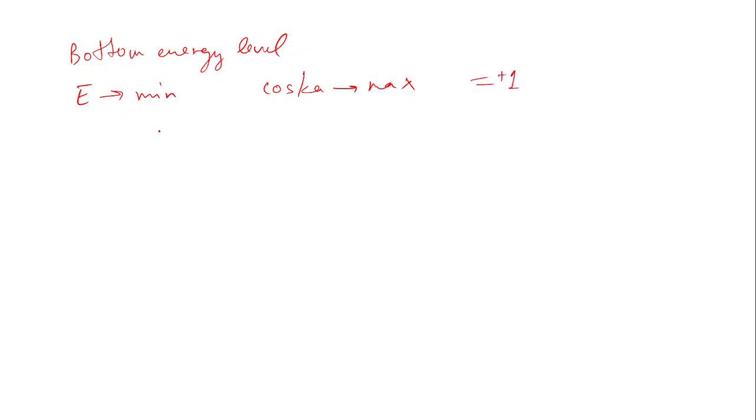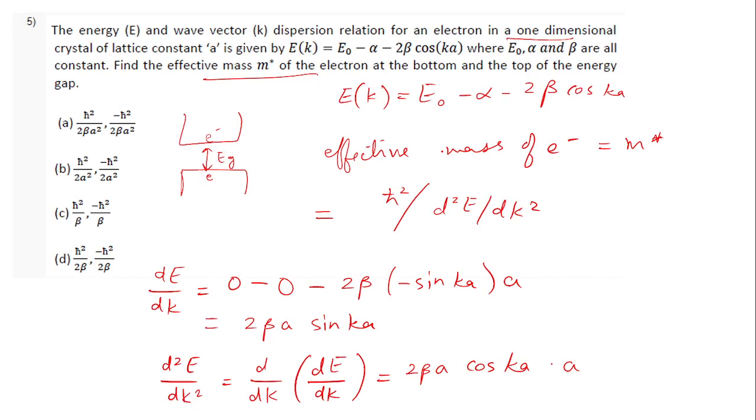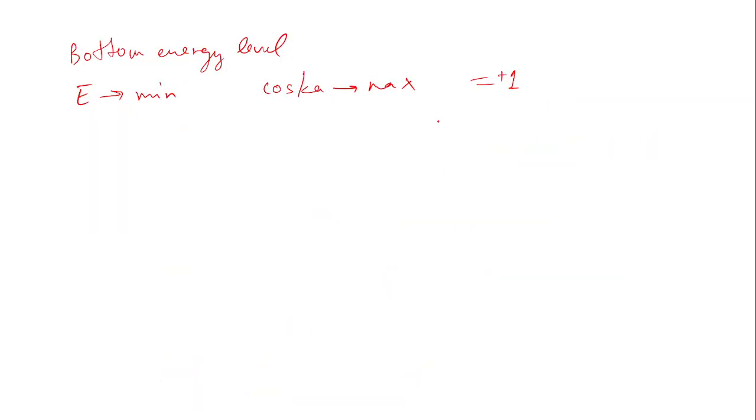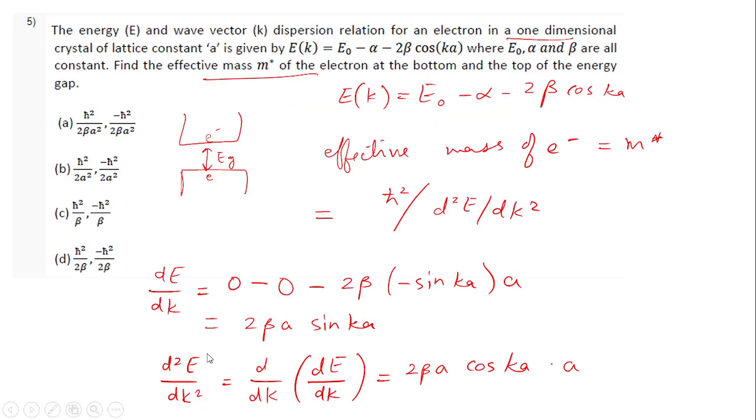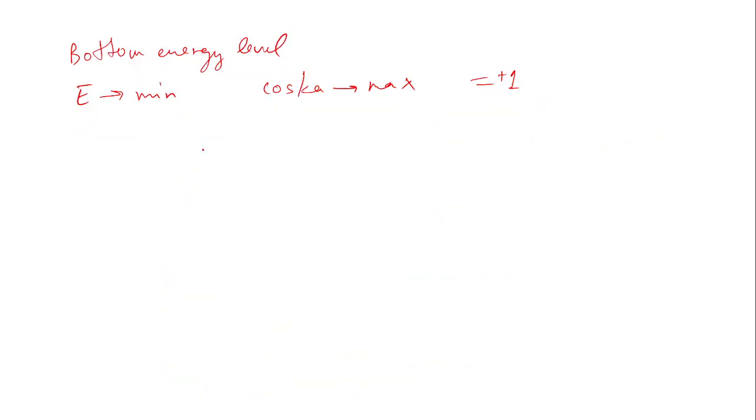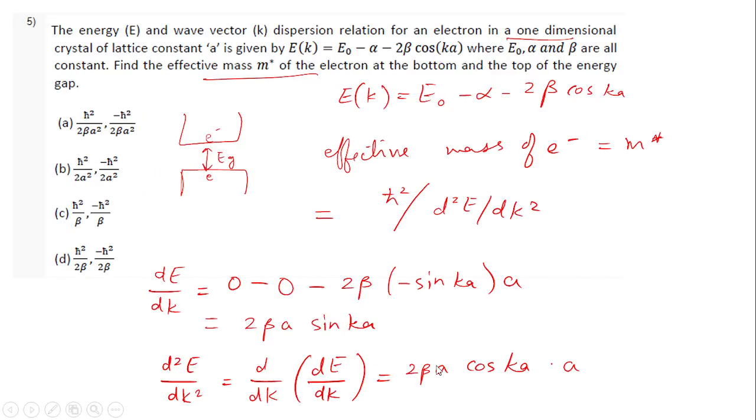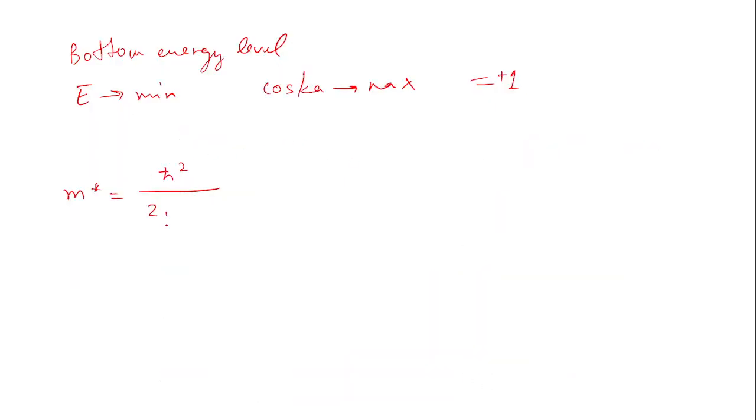So first I took out this double derivative, I can substitute. The effective mass of the electron will be h bar square divided by the double derivative, which is 2 beta a square cos Ka. This expression we found for this material. This is the effective mass of the electron.